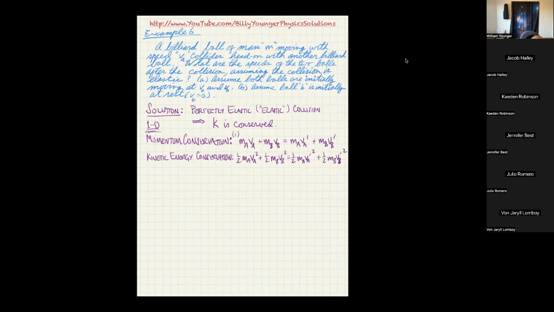That's really what conservation of kinetic energy is, and I'm therefore going to call this equation 2.